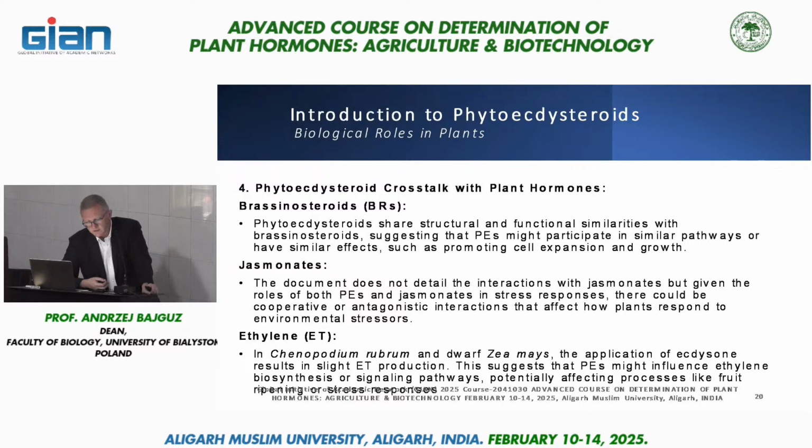What about ethylene, which is involved in fruit ripening, stress responses, and senescence? Some studies indicate that phytohormones can slightly increase ethylene biosynthesis, potentially accelerating developmental processes, and affect ethylene-dependent stress signaling, which could influence plant survival under adverse conditions.